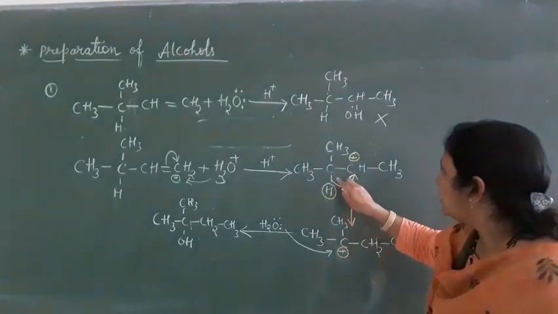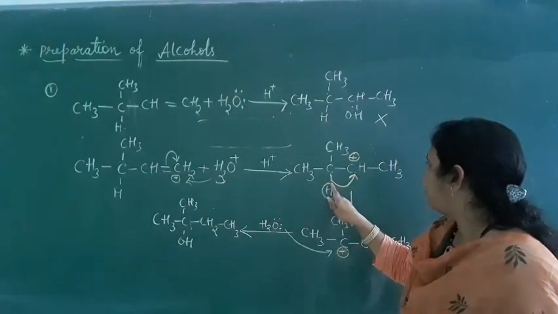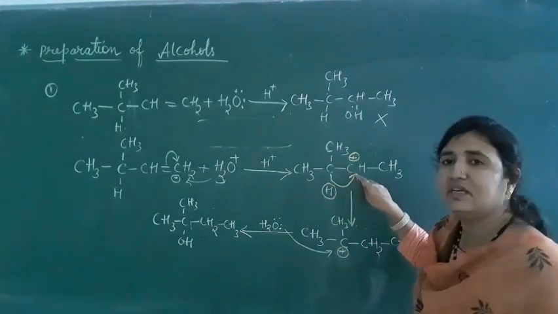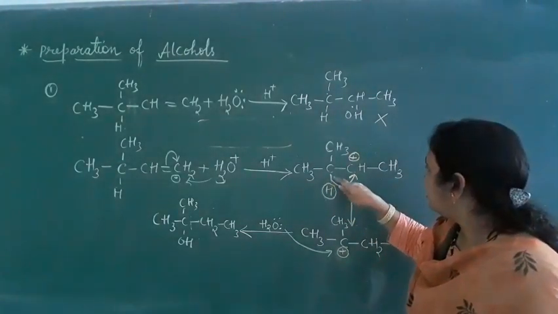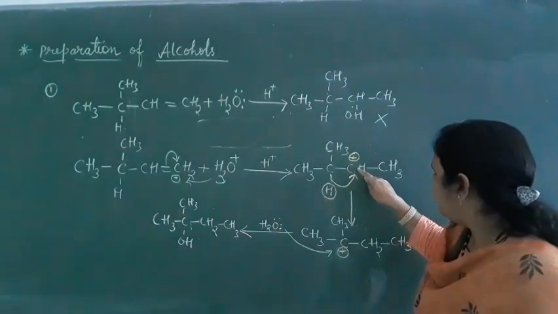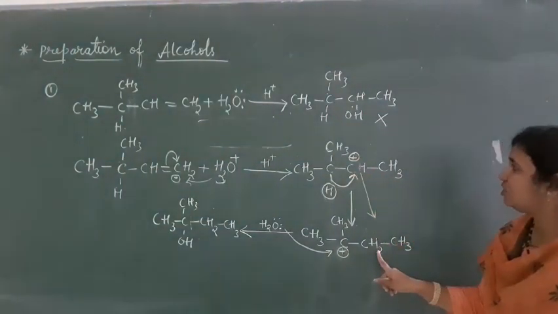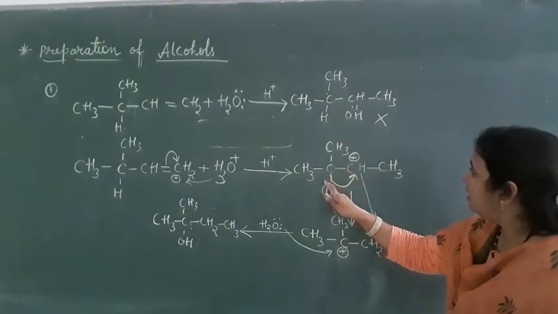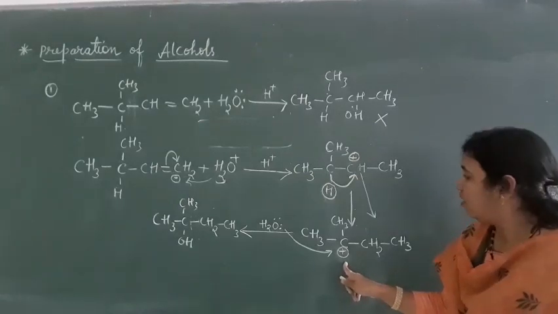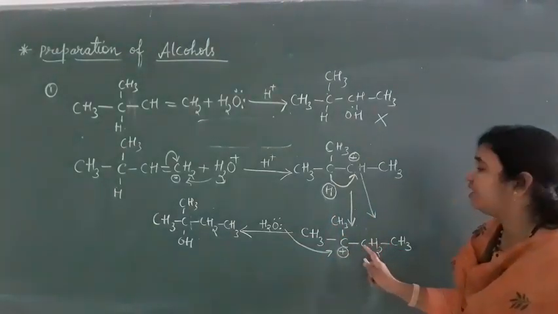This hydrogen, with its two electrons of the bond, will attack this carbocation and convert it into CH2. Now this carbon's two electrons have gone here, so the positive charge will come on this carbon. So now this has converted into a tertiary carbocation.